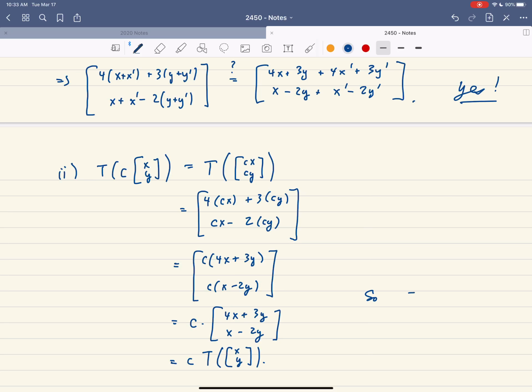So T is homogeneous as well. Since it's additive and homogeneous, we can conclude that T is linear. So that's how that works.